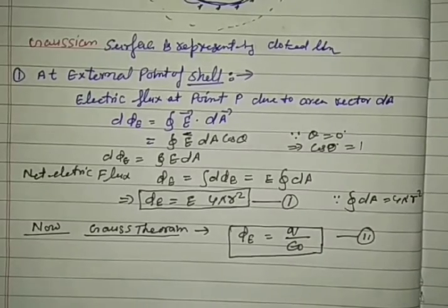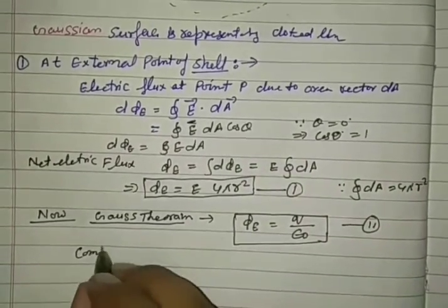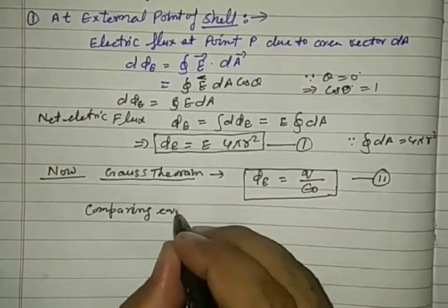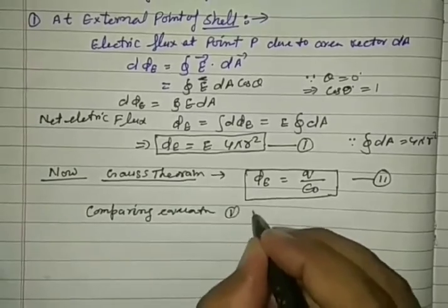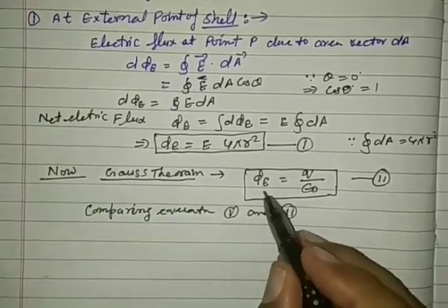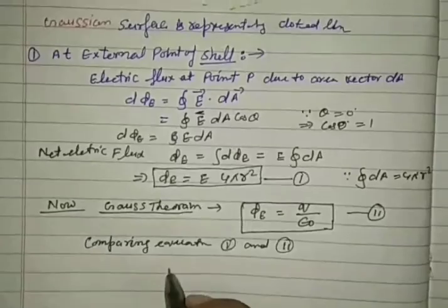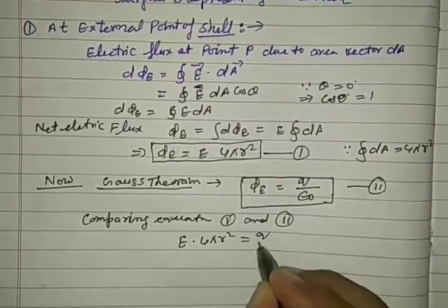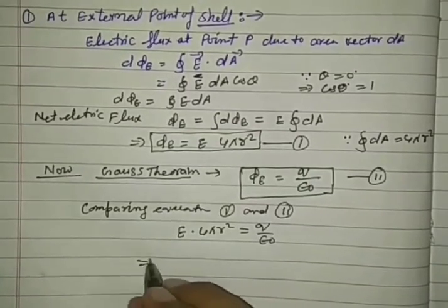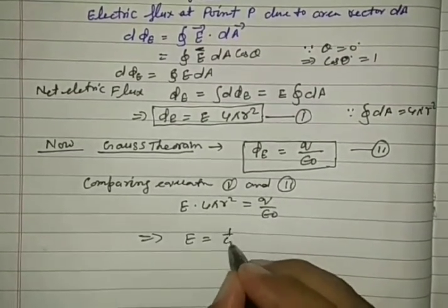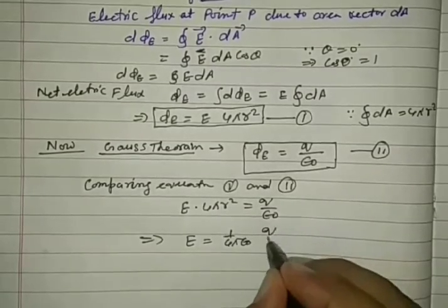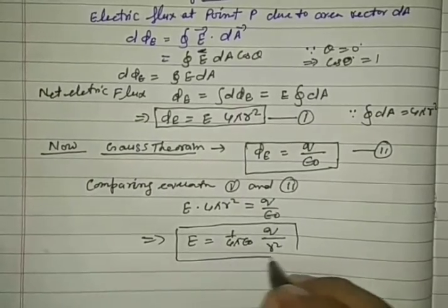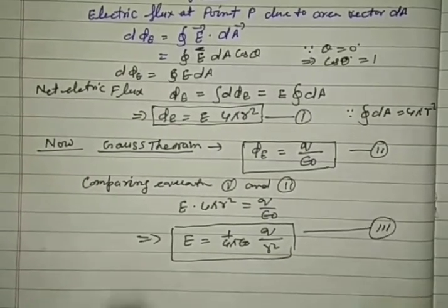Now see carefully. Comparing equations 1 and 2, the left hand sides are equal, so the right hand sides are equal. It means E into 4 pi r square is equal to q by epsilon 0, or this implies that E is equal to 1 upon 4 pi epsilon 0 times q by r square, represented by equation 3.